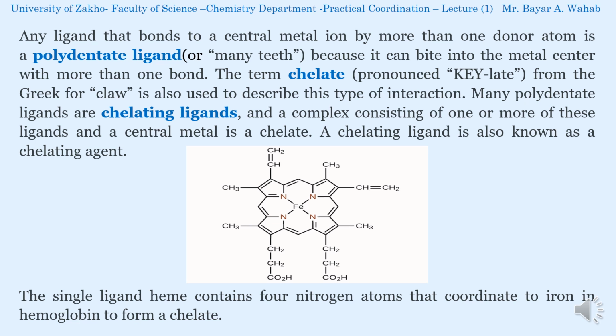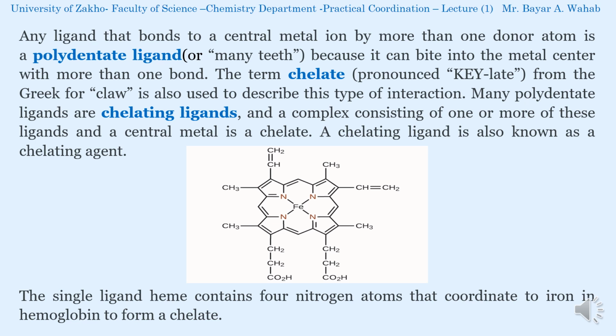Any ligand that bonds to a central metal ion by more than 1 donor atom is a polydentate ligand, meaning many teeth, because it can bite into the metal center with more than 1 bond. The term chelate, from the Greek for claw, is also used to describe this type of interaction.